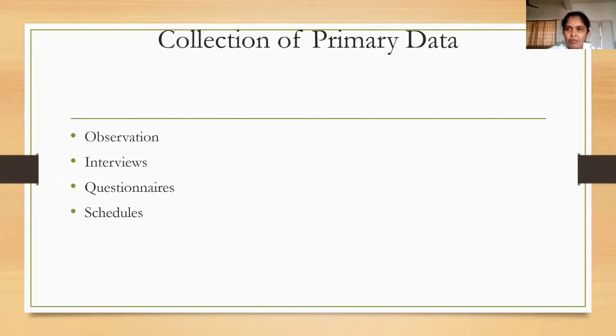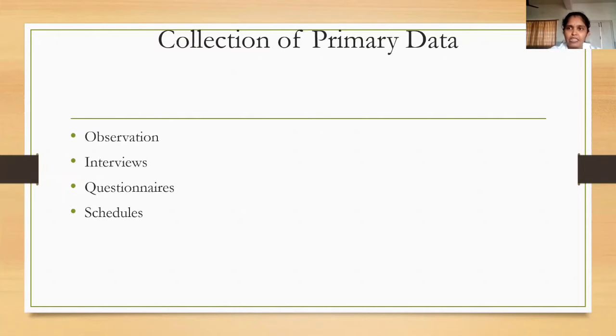There are several methods of collecting primary data, under which the important methods are observation, interview, questionnaire, and schedules. The first one is the observation method, under which data from the field is collected with the help of observation by the observer personally going to the field.